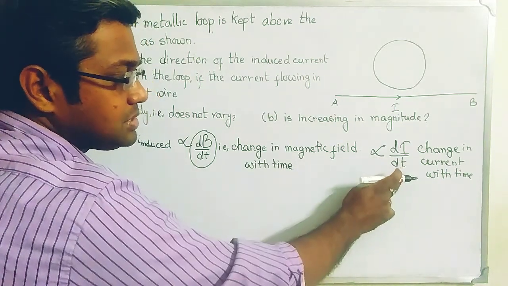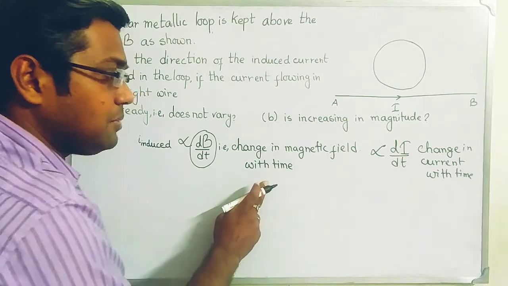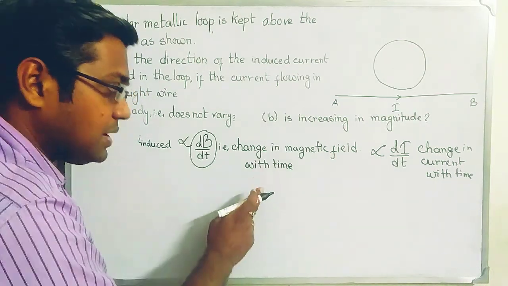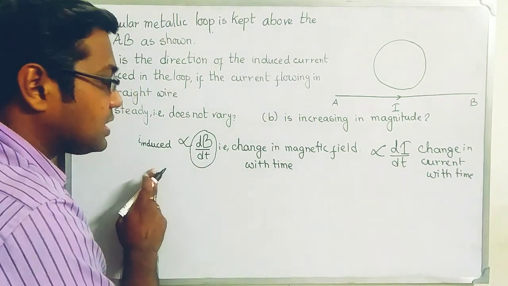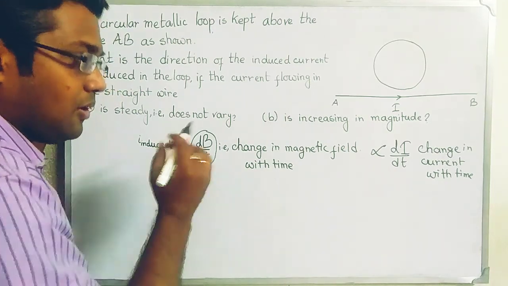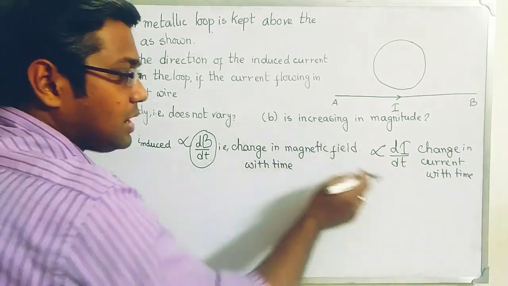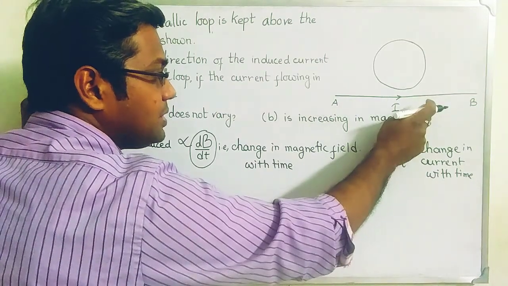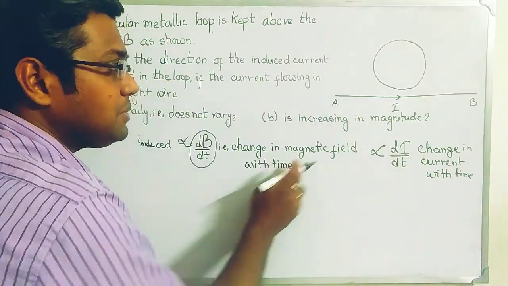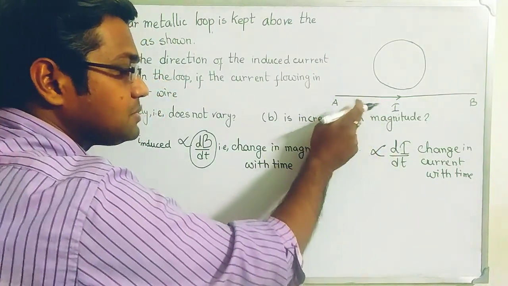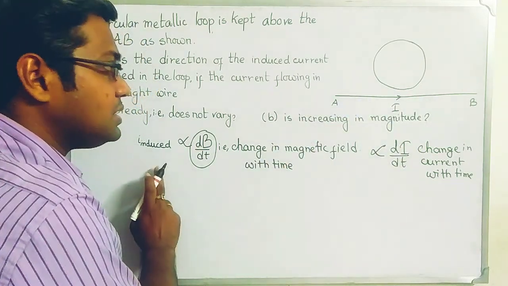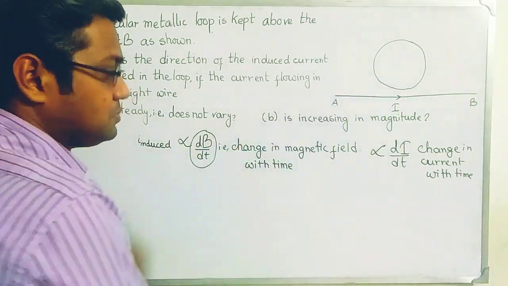If the current is changing with time, then the magnetic field will change with time. If the magnetic field changes with time, then current will be induced. If the current changes in this wire AB, then the magnetic field will change in the surrounding space, and the current will be induced in this loop.